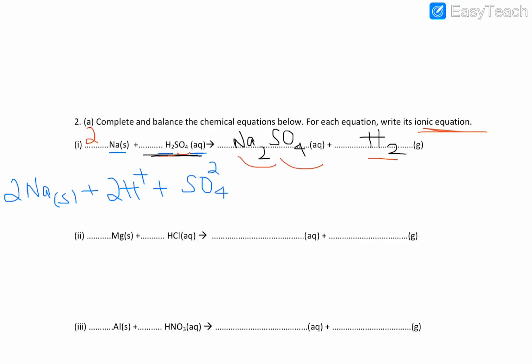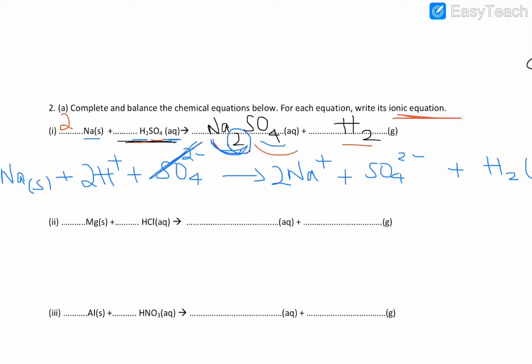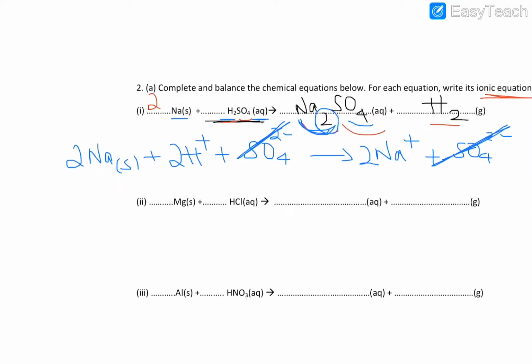SO4 exists as SO4 2 minus ions. Na exists as Na plus, but there is 2 of it, so 2 Na plus. Plus SO4 is SO4 2 minus. Plus H2 gas, this does not split. So this is the same on both sides, so it cancels out.